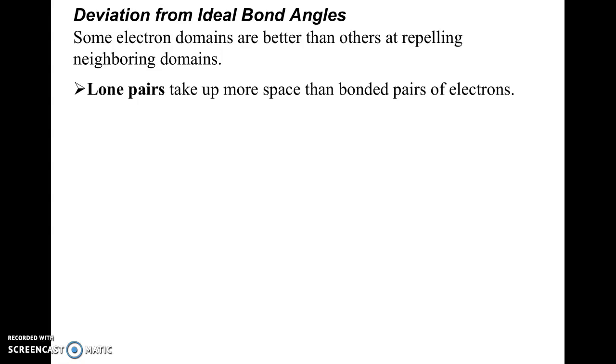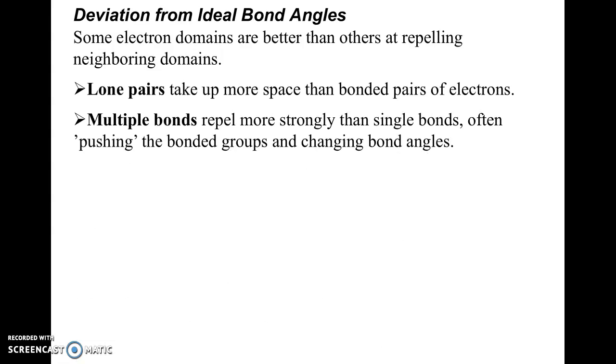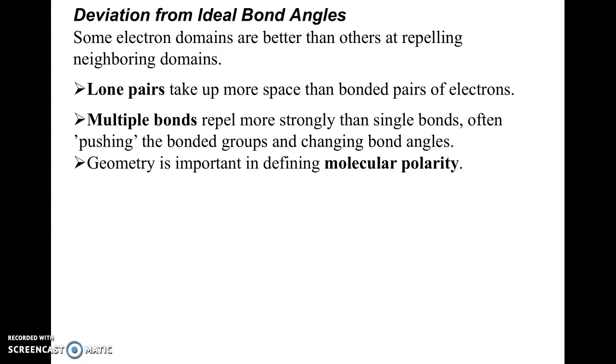They're just bare electrons, so they take up a lot of room. Multiple bonds, because a double bond contains 4 electrons, is going to repel a little bit more strongly than a single bond, which only has 2 electrons in it. So it's going to push a little bit more. And so this geometry often helps you determine molecular polarity, and we've already talked about how polarity is important.